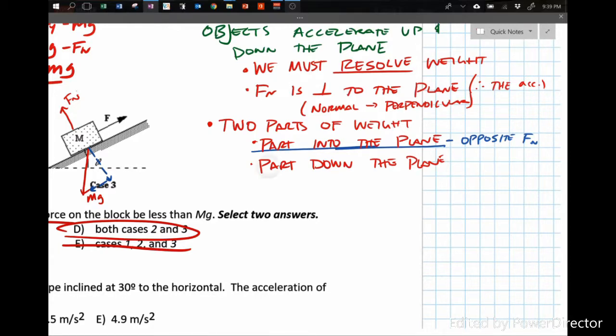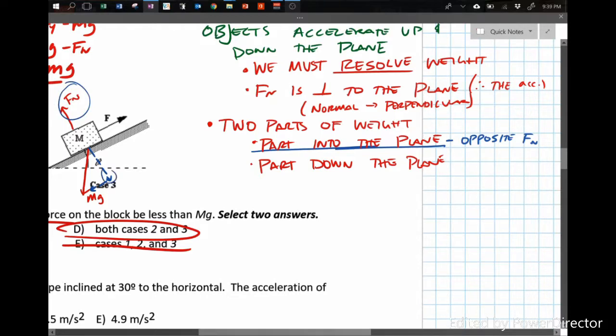So what we want to do is our free body diagram. We have the normal force and then part of the weight. So the net force in this new y direction is 0. We're not accelerating this way out of the plane. We're accelerating up or down the plane.